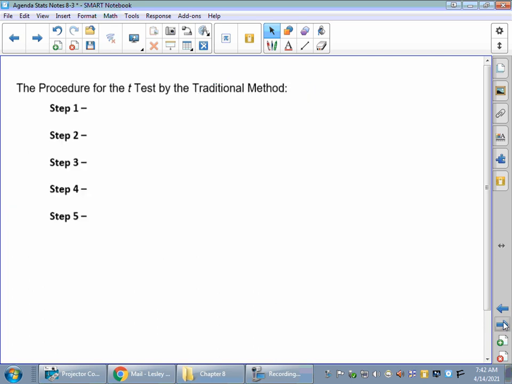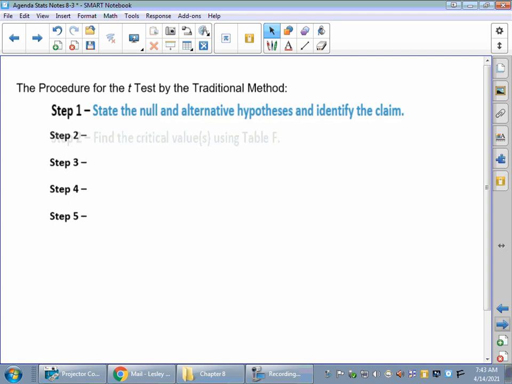All right, so I am sure that you remember our procedures for hypothesis testing. Well, it's really similar for T as it is for Z. This is the traditional method. Remember in section 8.2, we also talked about the p-value. We're going to do that as well. I'll try to talk fast. So step 1, everybody knows to find H sub 0, H sub 1, and identify our claim.